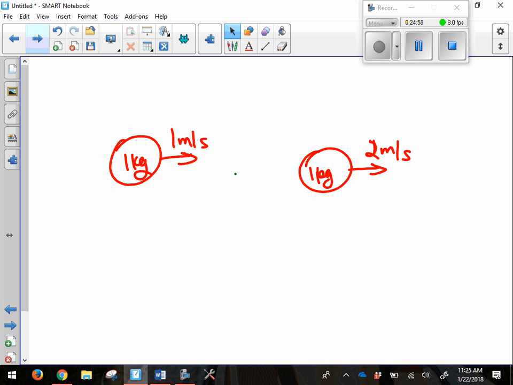So now the center of mass is going to have a velocity. It should, I think, have a velocity of 1.5 meters per second. Okay, so it's going to be moving with respect to both of the objects. So when we're talking about the velocity of the center of mass, we're talking about the center of mass of the system. Okay, make sense? It just shows up a couple times.